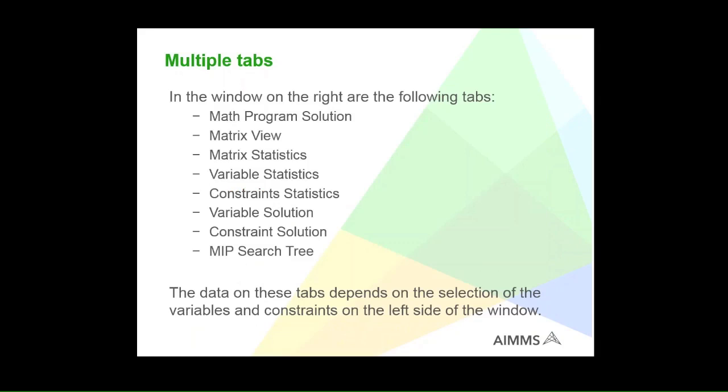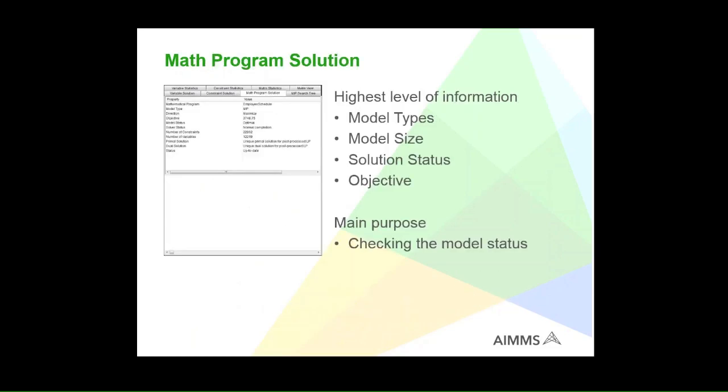Now, there are multiple tabs. There's the Met Program Solution, there's a matrix view, there's some statistics, and the actual solution. And as I mentioned before, what you see in that area depends on what you select on the left side of the window. So what is on the Met Program Solution tab? On the Met Program Solution tab, you basically see what the model type is.